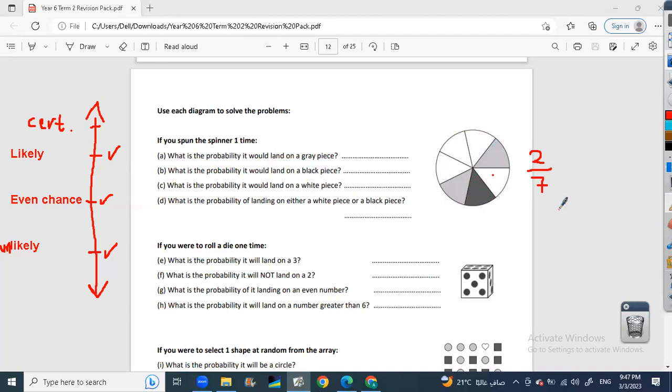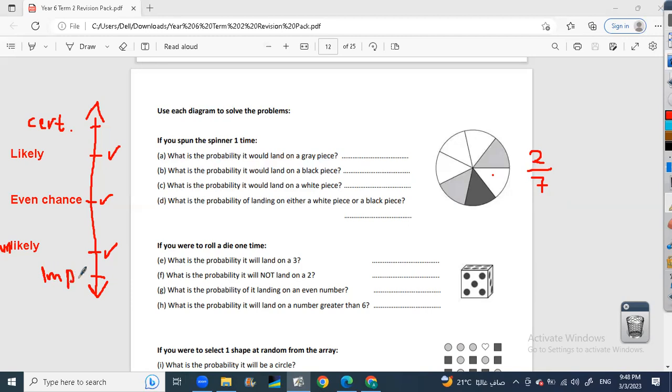No, Mr. Ahmed, we got only 3 colors, white, black, and gray. So it will definitely land on white, black, or gray. So it is certain. All right, if I ask you, what is the probability it would land on a green piece? Impossible, Mr. Ahmed. We don't have here green. It is impossible, which is 0%. So down here, we got impossible as well.